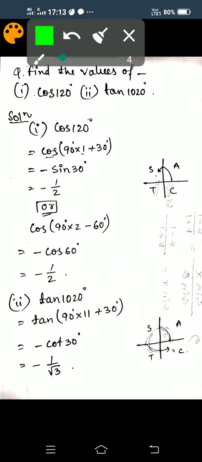90 into 11, that means which quadrant? Just see, for one revolution we get 360, isn't it? 90, 180, 270, 360. For the second revolution again 360, that is 720. Then 810, 900, 990. Clear? 990, that means on this line, plus 30, that means in the fourth quadrant.